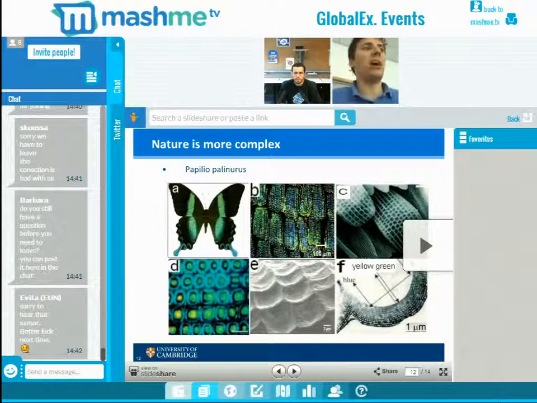And here you can see how this green color actually is made. In the middle of these concavities, you reflect yellow light while you reflect blue light at the border of the concavities. And together, the blue and the yellow light create this nice iridescent green appearance of the butterfly.